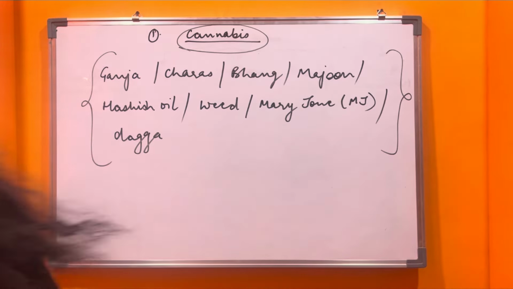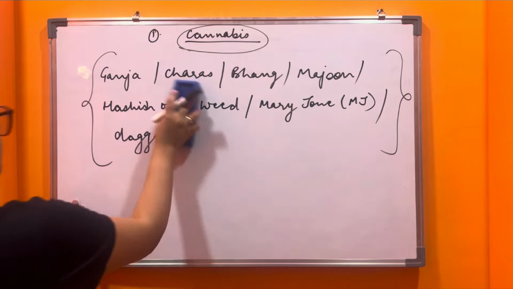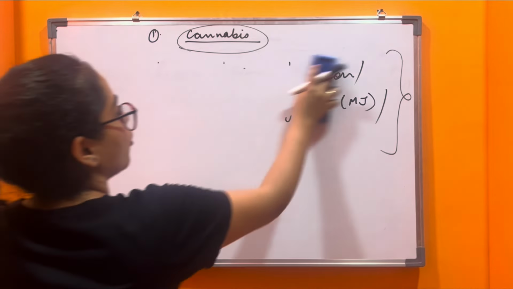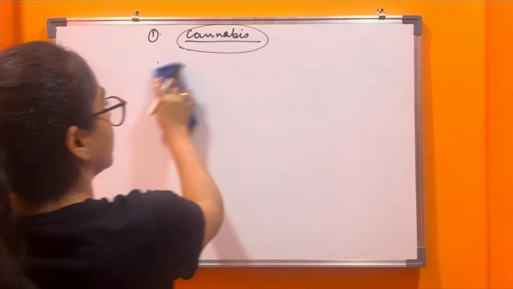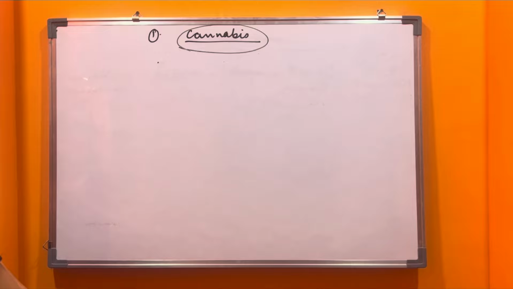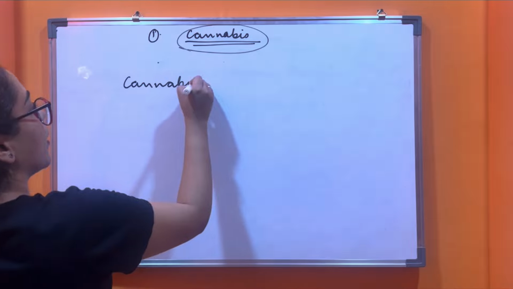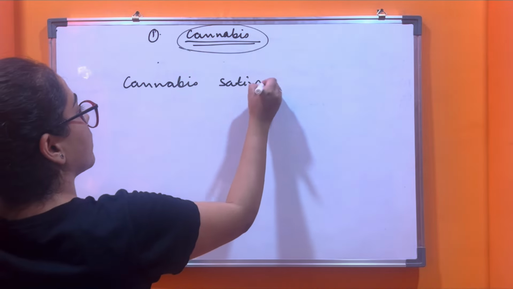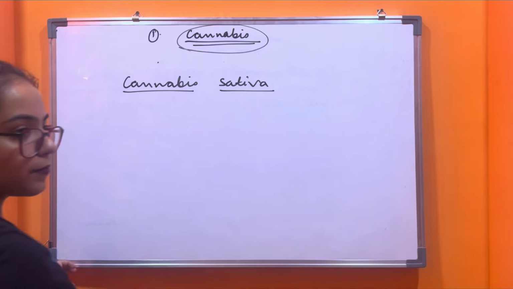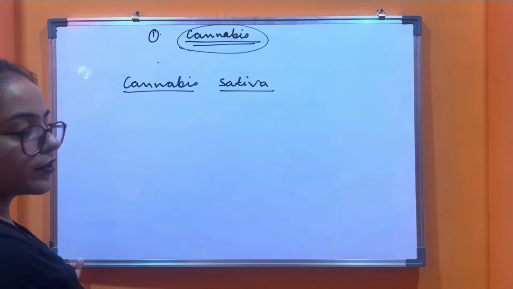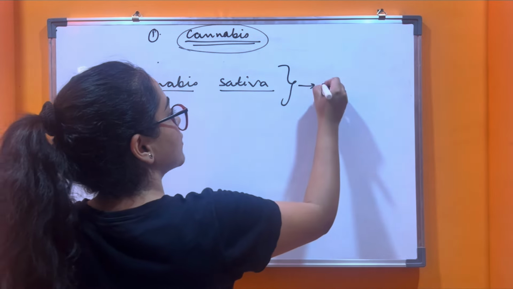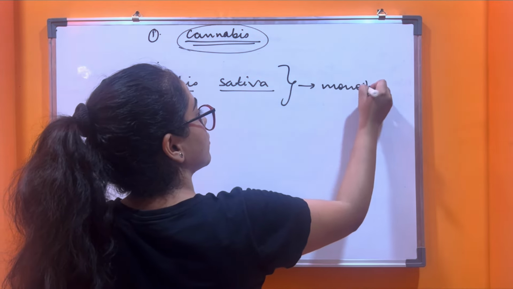So do you know what cannabis actually means? The term cannabis is actually the scientific name for the plant Cannabis sativa. This plant is monospecific in nature.